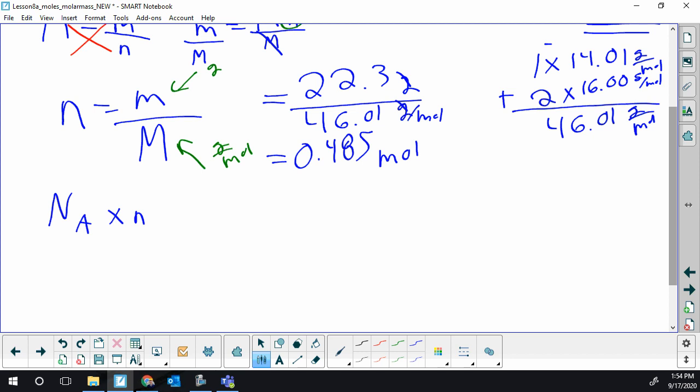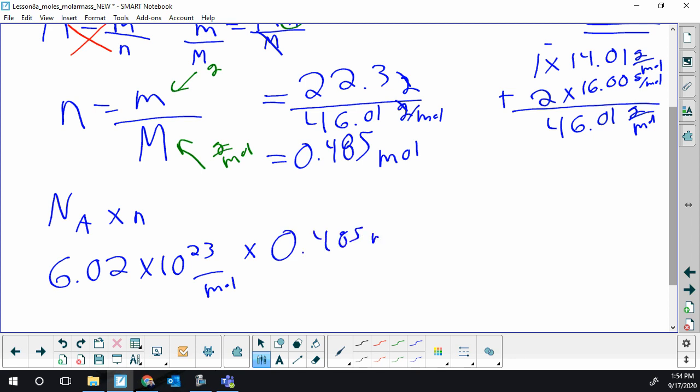To go to molecules, you need Avogadro's number, that big 6.02 times 10 to the 23, times by how many moles do you have, which we just figured out. So 6.02 times 10 to the 23. In this case, it'd be molecules of NO2 per mole. I just didn't write out that the count. Here's molecules per NO2. Multiplied by our moles, less than half a mole. And that will tell me the molecules.